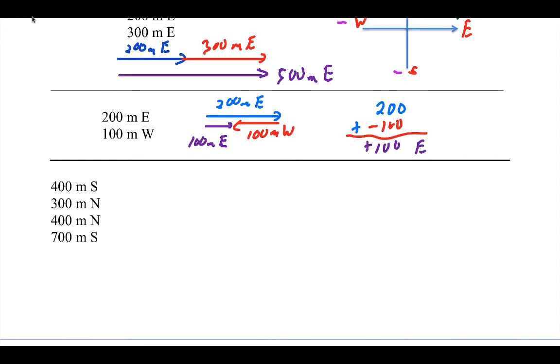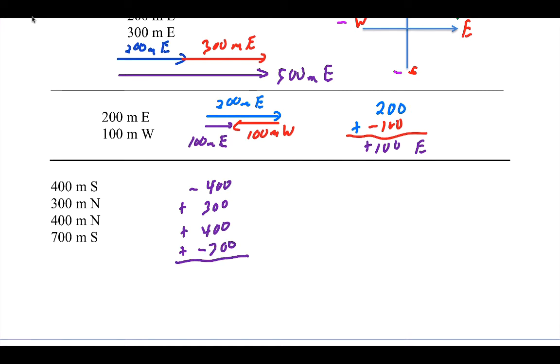And you can do this with a lot of vectors. Okay, so again, if I look at this, now I don't have to draw arrows all the time for everything. Knowing the fact that north is positive and south is negative, I can add these vectors together here and say, well, 400 south, that's negative 400, plus 300 because north is positive, plus 400 because north is positive, plus negative 700 because south is negative.